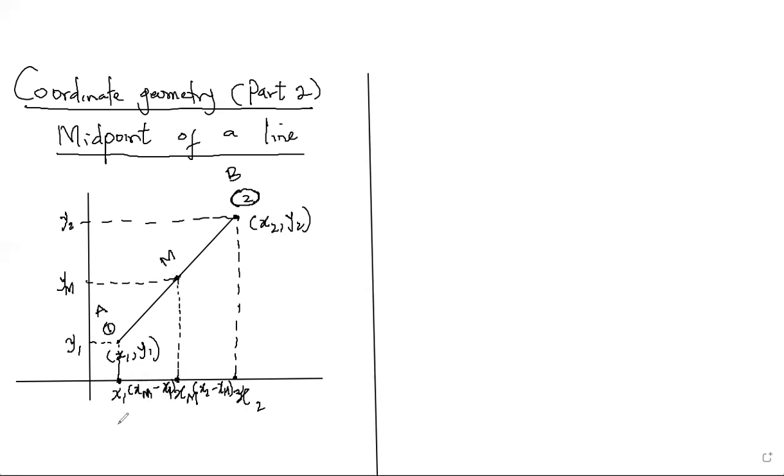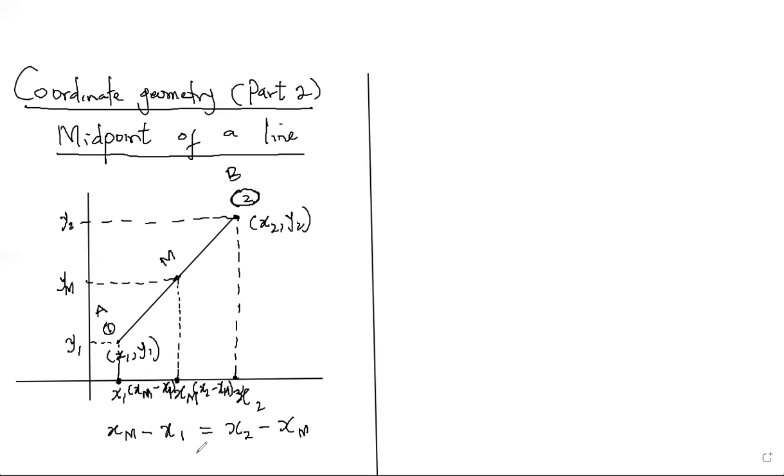So I can say that xm minus x1 is equal to x2 minus xm. So they have to be the same, if this point is the middle of the line that connects these 2 points.